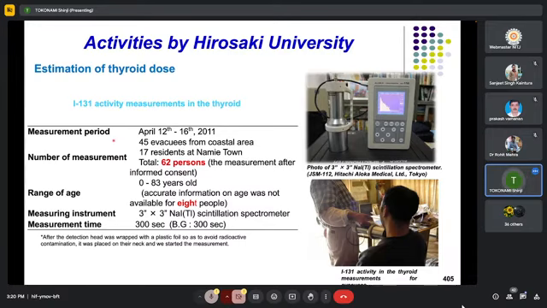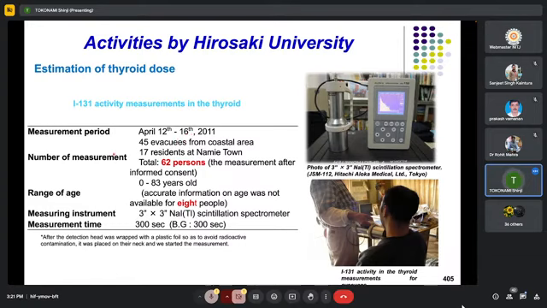We measured the radioactivity, the gamma dose rate from iodine-131, using a sodium iodide scintillation spectrometer. The measurement period was April 12 to 16.